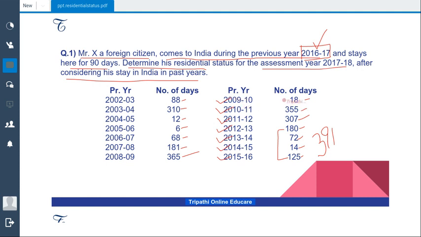Now we will have to take the total of the 7 preceding previous years. So the total of the 7 preceding previous years comes to 1071 days.